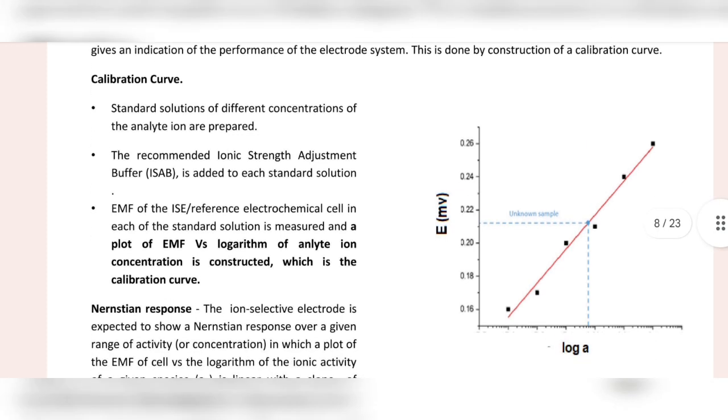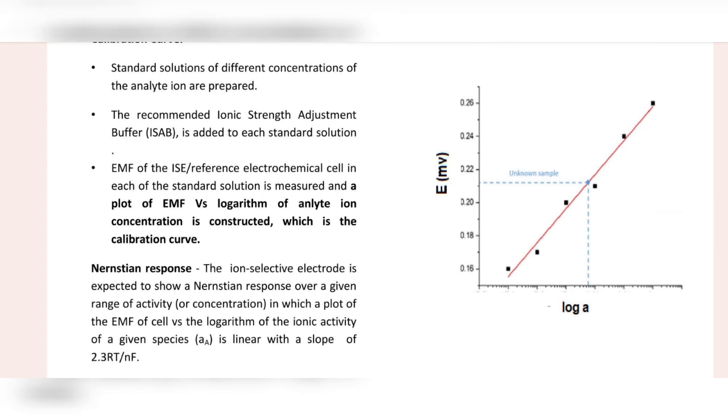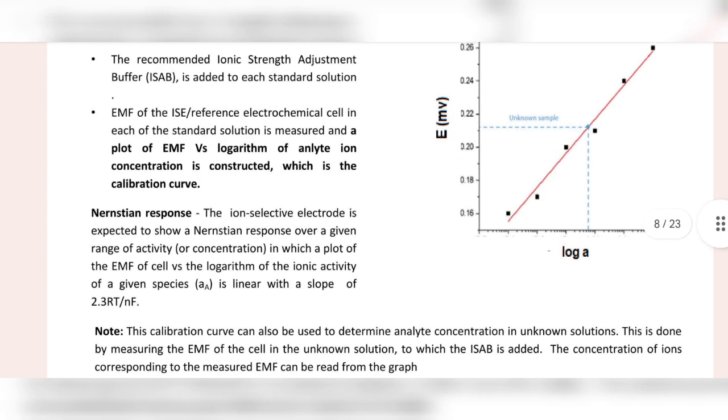Then the EMF of the ISE and reference electrochemical cell in each standard solution is measured, and a plot of EMF versus log of analyte ion concentration is constructed, which is the calibration curve. On the right side, a calibration curve is given. In the x-axis is log of activity or log concentration; generally concentration is expressed using activity. So log A is on the x-axis and potential E in millivolt is on the y-axis.